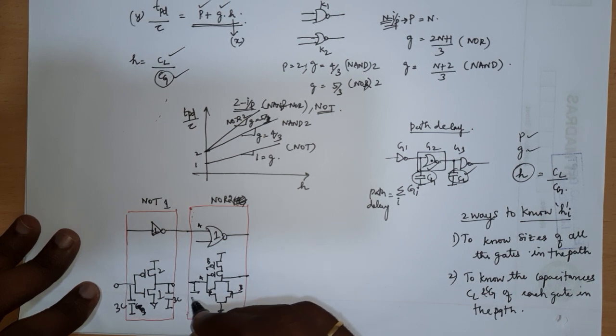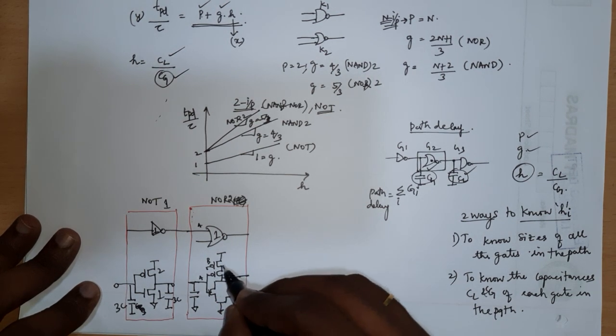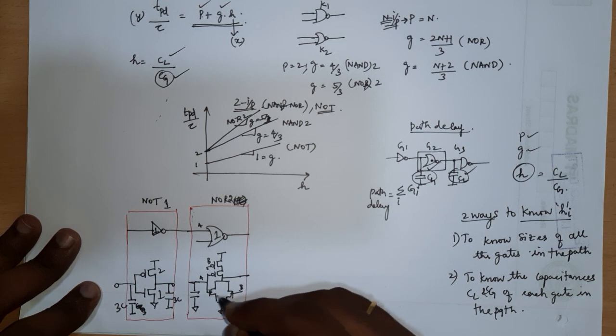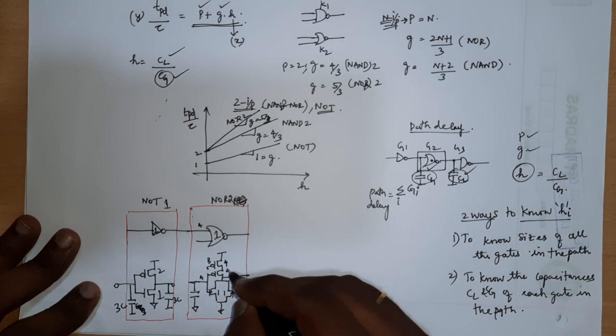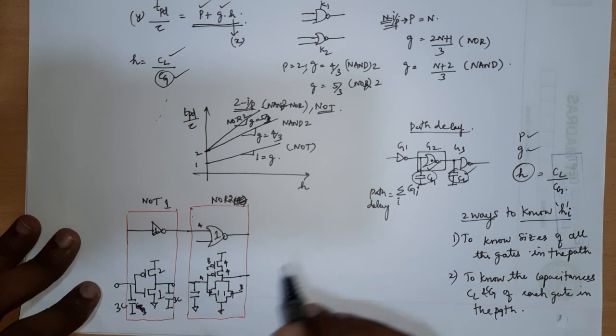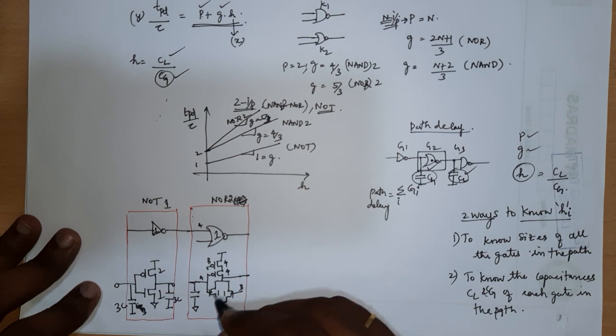A has its own input gate capacitance: this is of size 1 and 1, and this is of size 4 and 4, because wherever there is a stack, you should scale it. A parallel combination need not be scaled. So this is of size 4 plus 1, 5C.